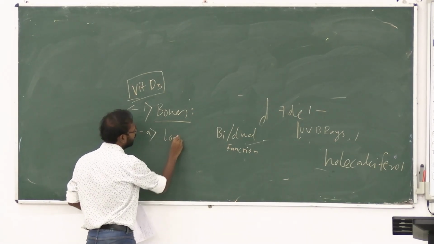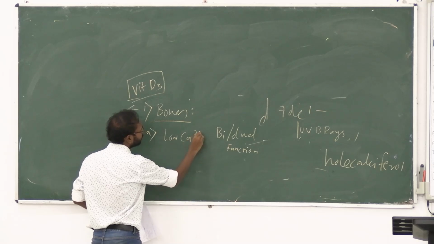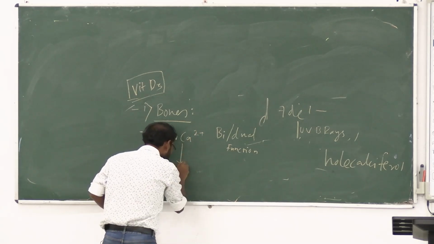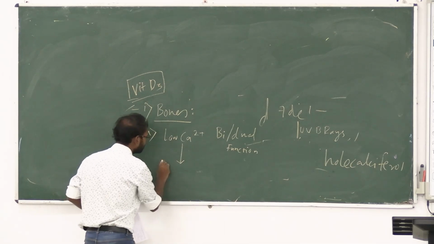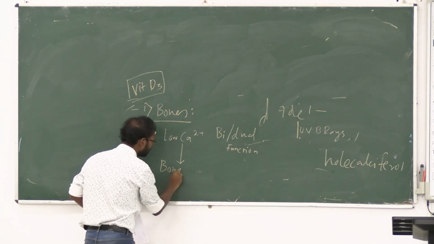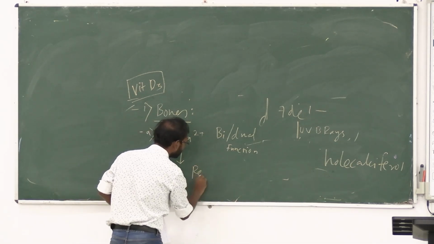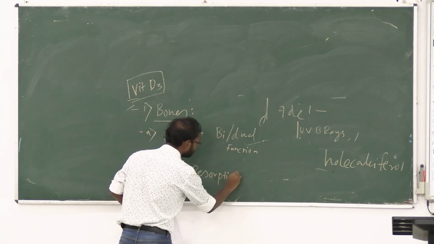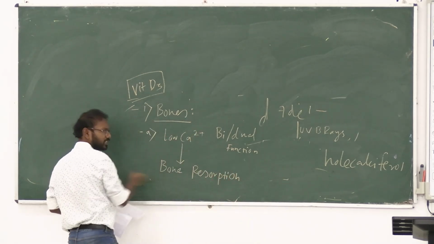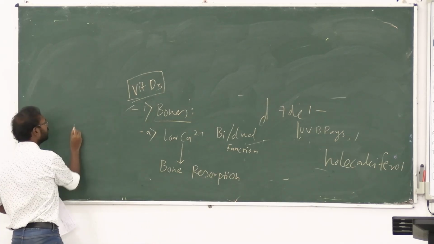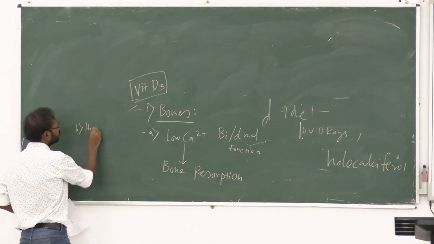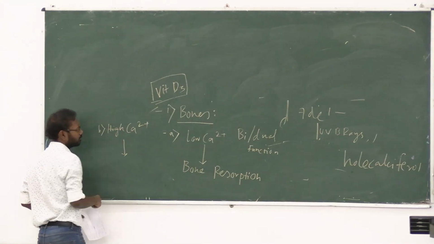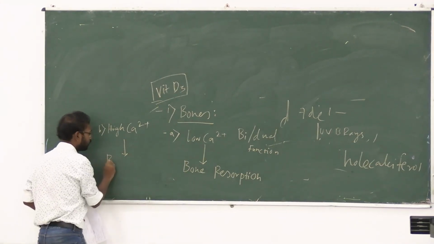Whenever there is low calcium, vitamin D helps in bone resorption. You mean bone destruction. Whenever there is high calcium level, it will help in bone formation.